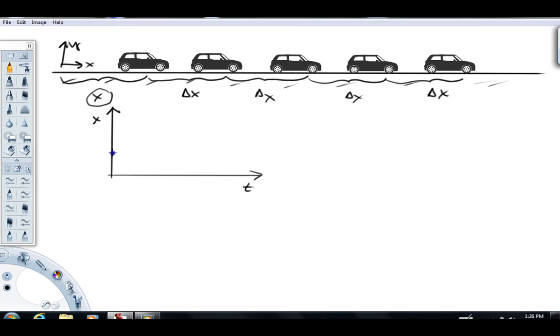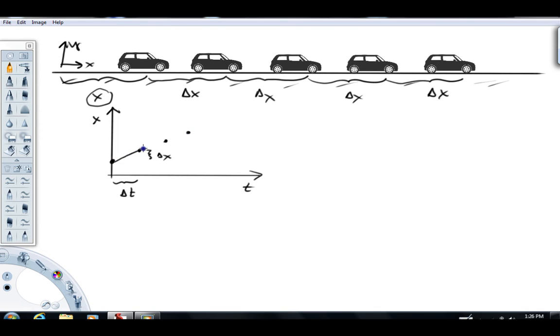What that value is is not super important for this example. Then as one time frame delta t goes by, the car moves over a distance delta x. So on the graph we're going over and up. The amount over is a delta t, a time frame, and the amount we go up is a delta x. Then as another time frame goes by, we move over another delta t, up another delta x. And then as another time goes by, we move over another delta t, up another delta x.